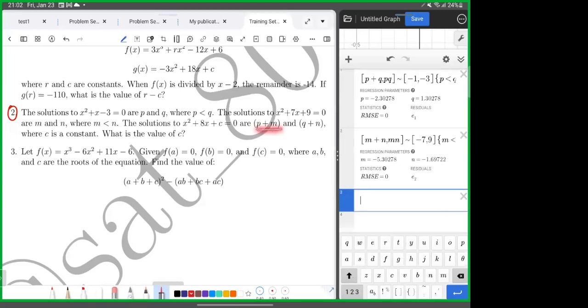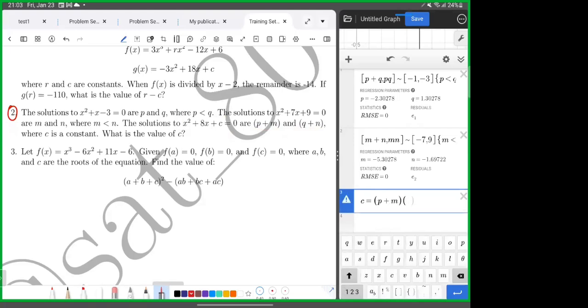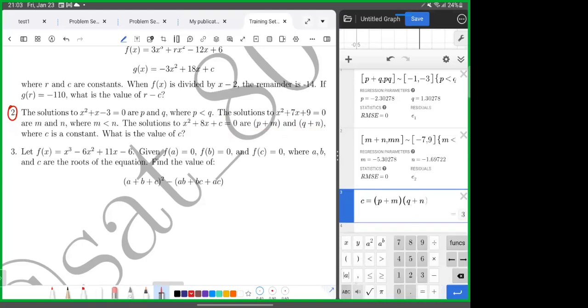Now, these are the solutions of the last equation. According to Vieta's theorem, this divided by 1, it's C itself, equals the multiplication of these. So the value of C now becomes equal to (P plus M) multiplied by (Q plus N). It is 3. Now the problem is solved, guys.